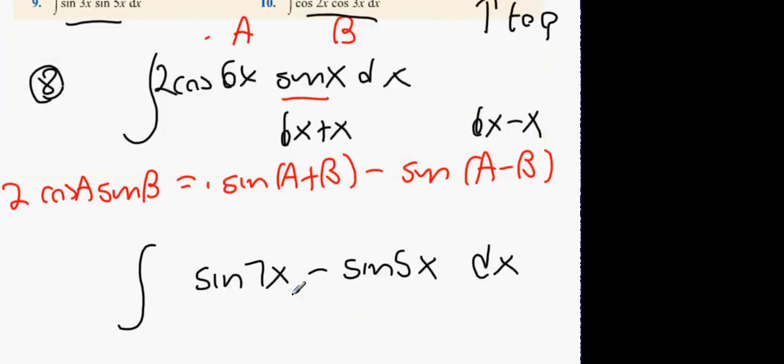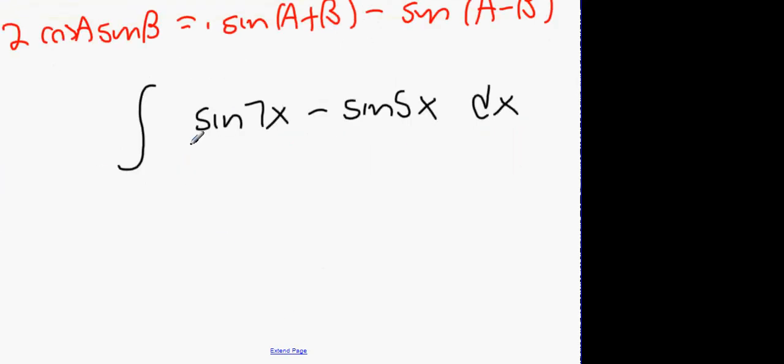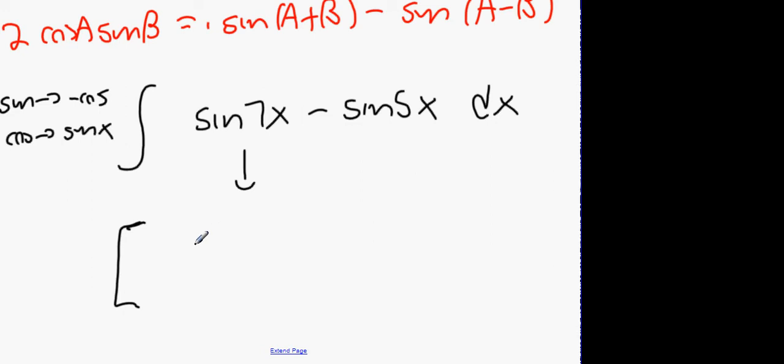Now it's a lot like question 5. So if we go to question 5, okay? So what happens when you integrate sine? Sine turns into? Minus cos. Is it minus cos? And what does cos turn into? Sine. So let's look at this. It's going to be the integral of, what happens when sine 7x turns into what, guys?